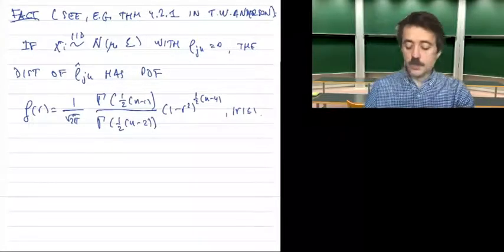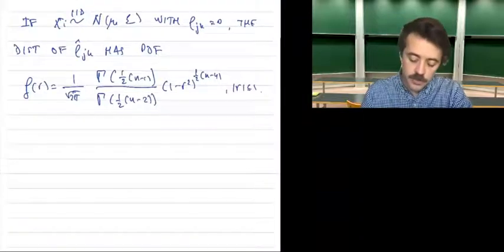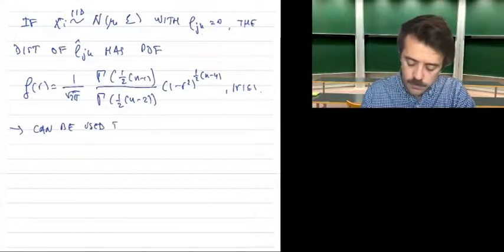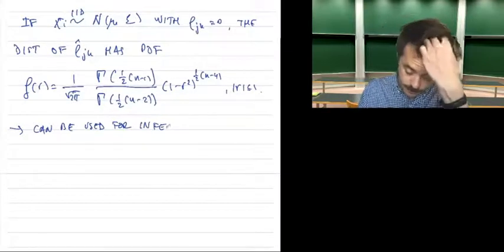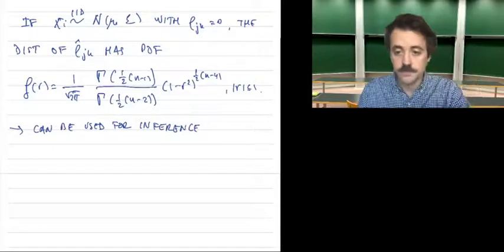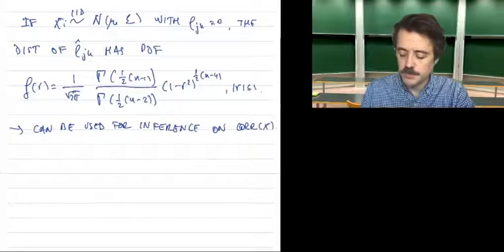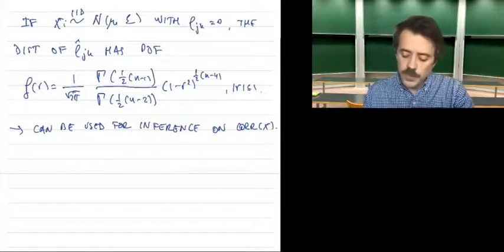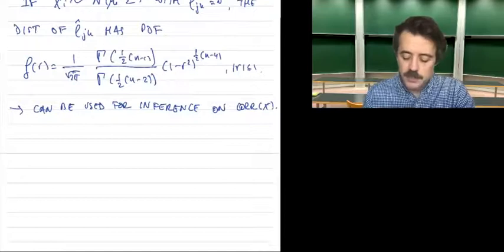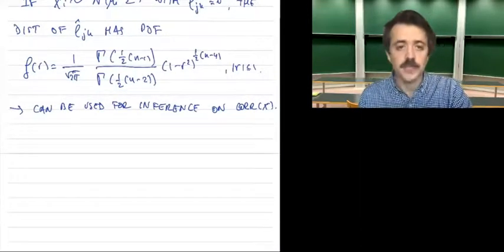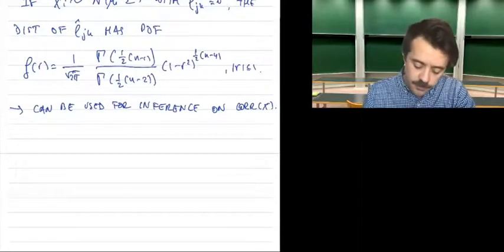Once we know the distribution, that's great news because we can use this for inference on the correlation matrix. In this multivariate analysis section, we will be talking about variance and covariance all the time. Okay, so that's the first part.